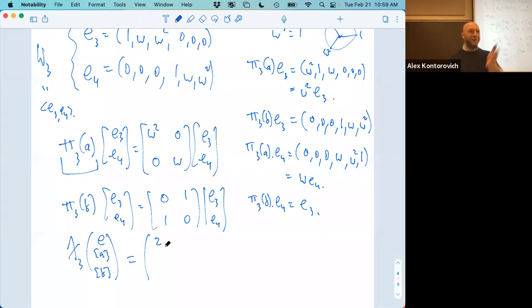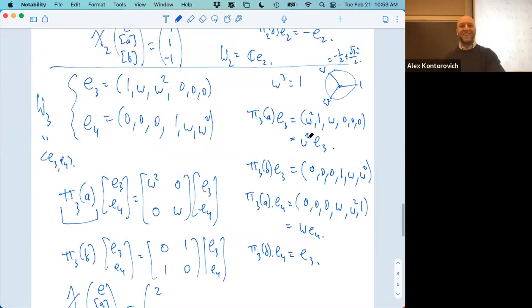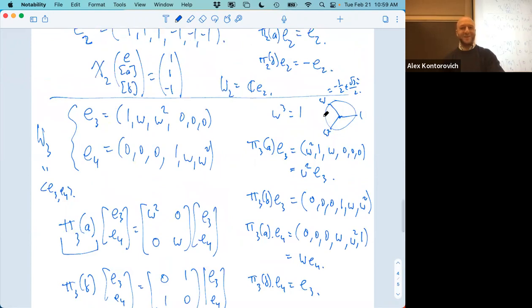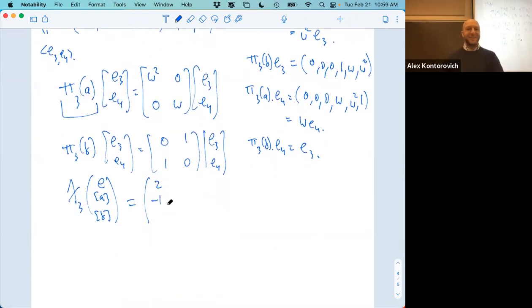So that's going to be a trace of 2. What's the trace of A? Yeah, omega plus omega squared is minus 1. What's the trace of B? 0. And now you see the orthogonality of the characters also, because this 2 happens once, the -1 happens twice, and the 0 happens 3 times. The size of the conjugacy class of B: there are 3 elements of order 2.